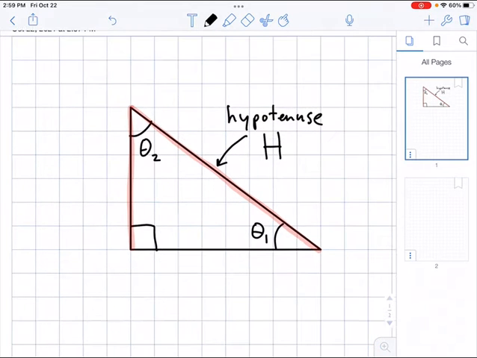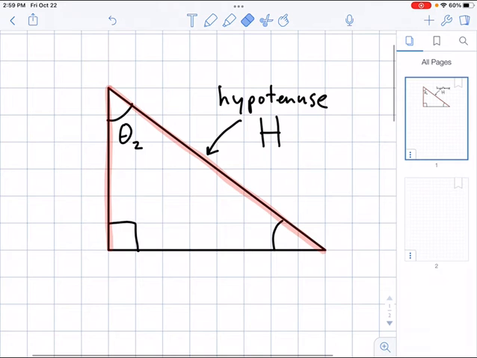Now, we're going to label the other two sides as either opposite or adjacent. So I'm going to erase theta 1 so we can focus on theta 2. I'm just arbitrarily starting with theta 2. And what you notice is this side over here is not one of the red lines that forms theta 2, angle 2. So it is opposite the angle.